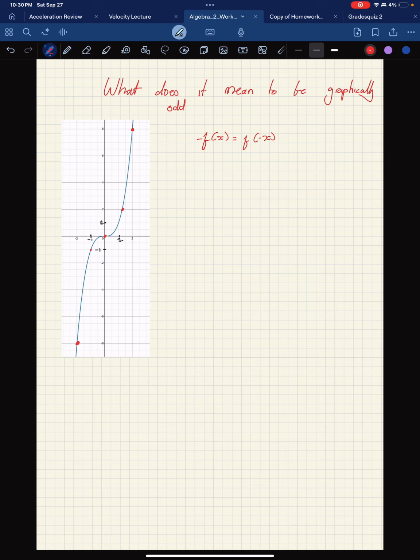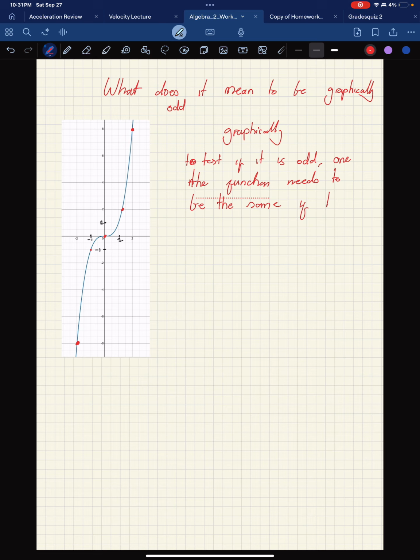For the odd function, let's see, before I talk about conditions and everything, graphically, so to test if it is odd, the function needs to be the same if I rotate the origin 180 degrees.